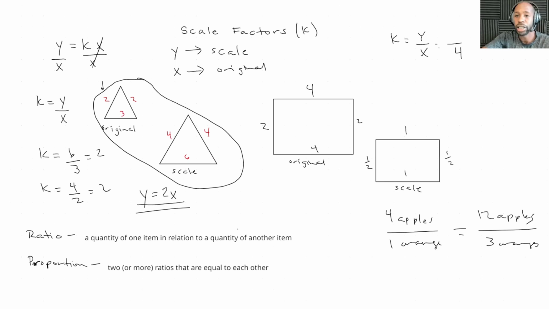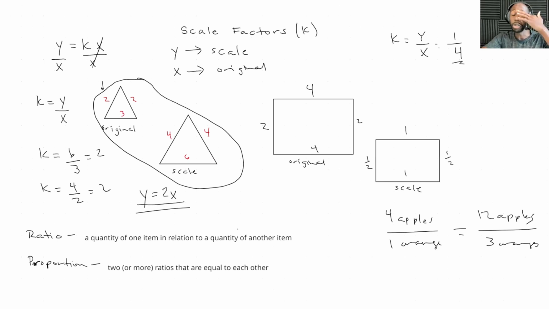And then the corresponding side of the scale is going to go on top. So here's your scale factor. That means that I have to multiply a measurement from the original shape by 1/4 to get the corresponding measurement from the scale shape.